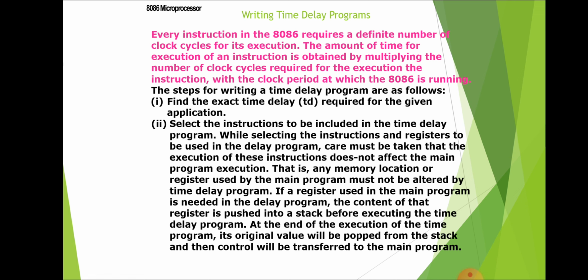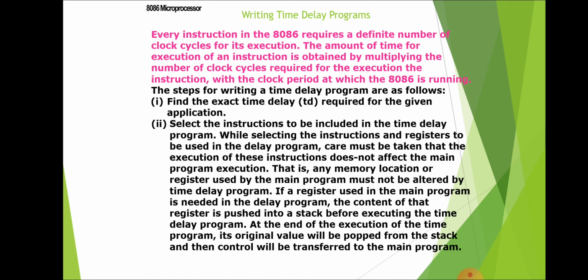So let's start. First we'll see how exactly the delay programs can be written. Every instruction in the 8086 requires a definite number of clock cycles for its execution, right? According to the clock cycles you can generate the delay, or you come to know how much time duration is required to execute such a program.